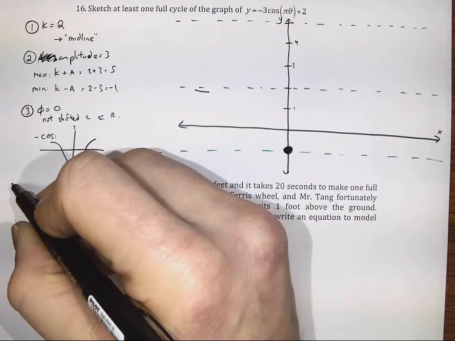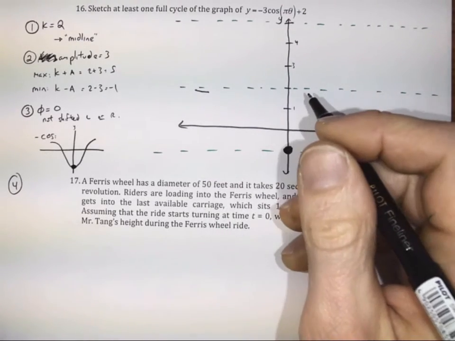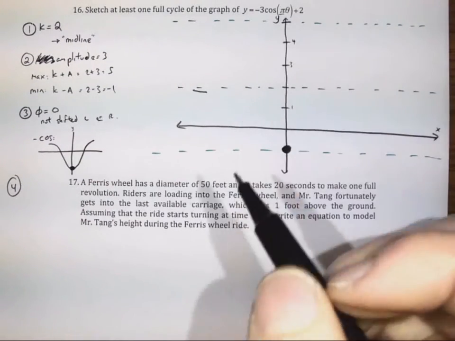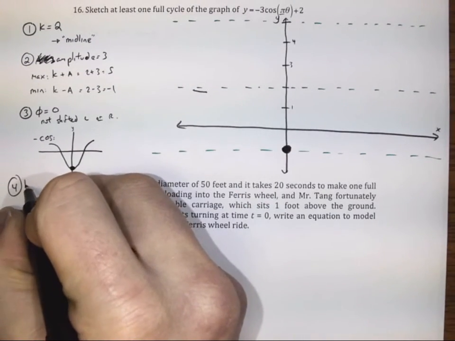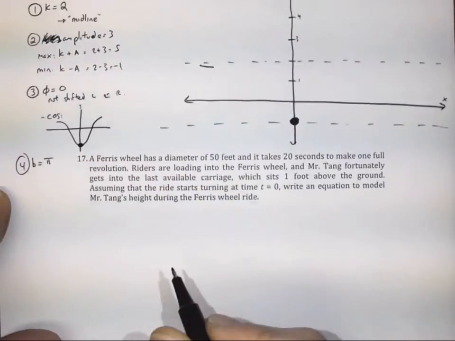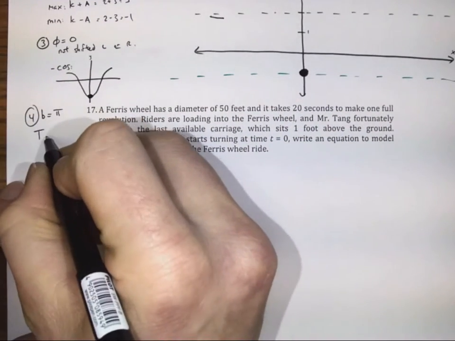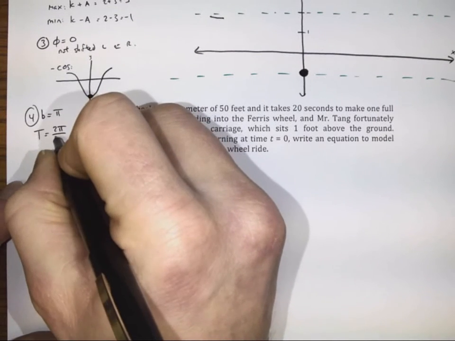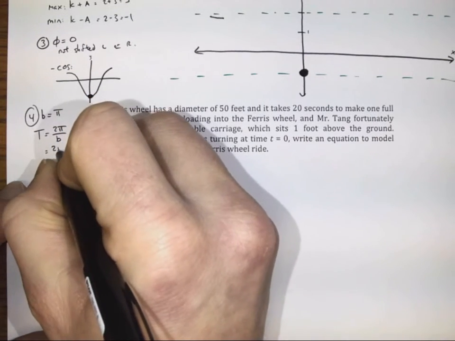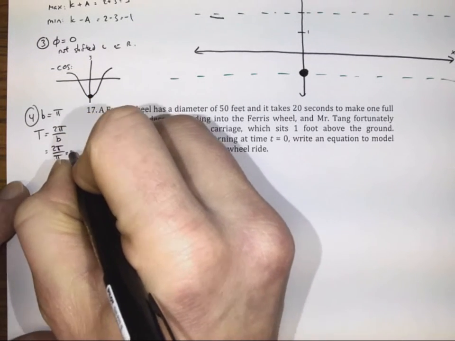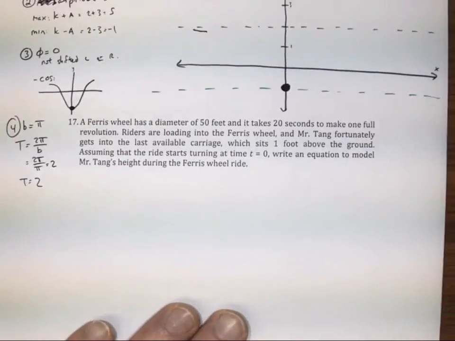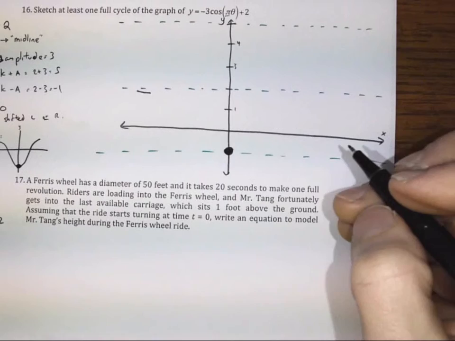All right, so the last step is we have to deal with this period. We know our b is pi, and our period is related to b. It's 2 pi over b, which is 2 pi over pi, or 2. So our period is 2, so it's an integer period.